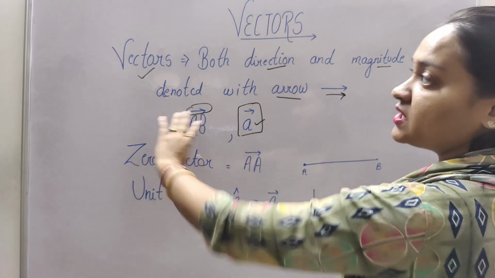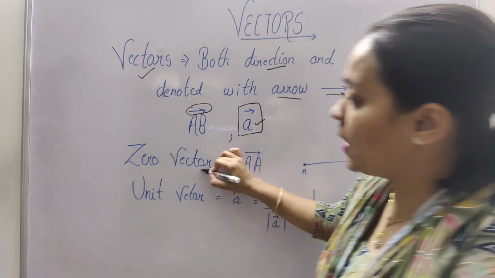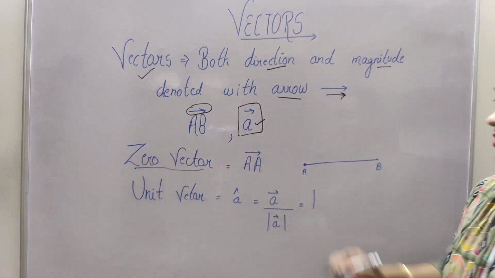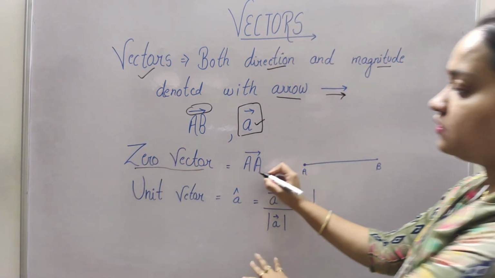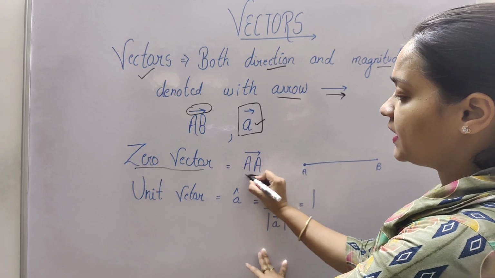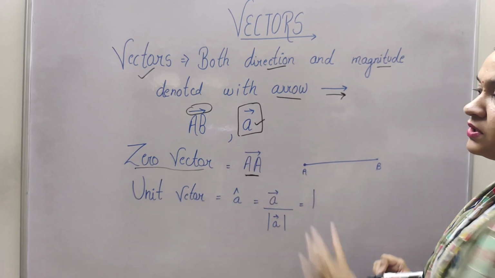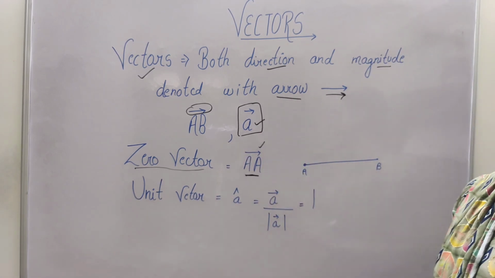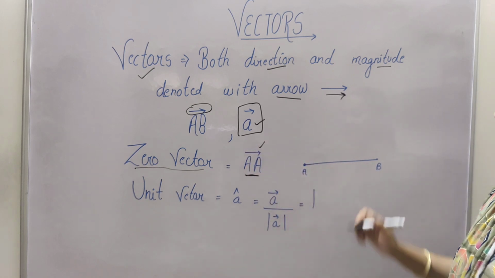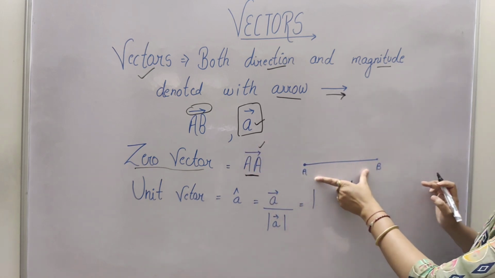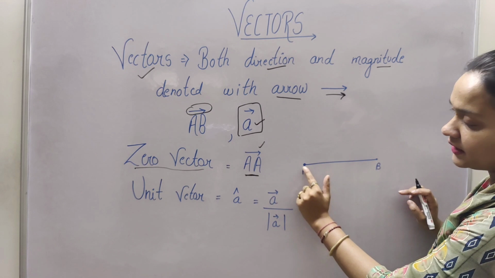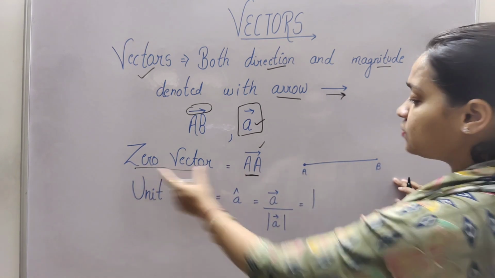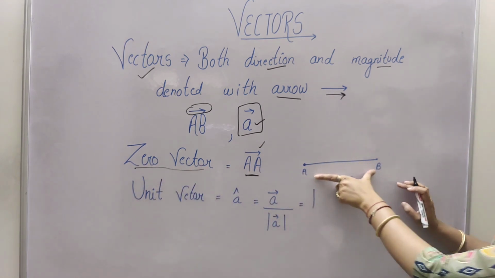Now we have studied about the vector. Let's come to what is a zero vector. A zero vector is a vector which is taken on a point a to a. Let's suppose we take a line and a point a; what is the zero vector on this line, a to a?